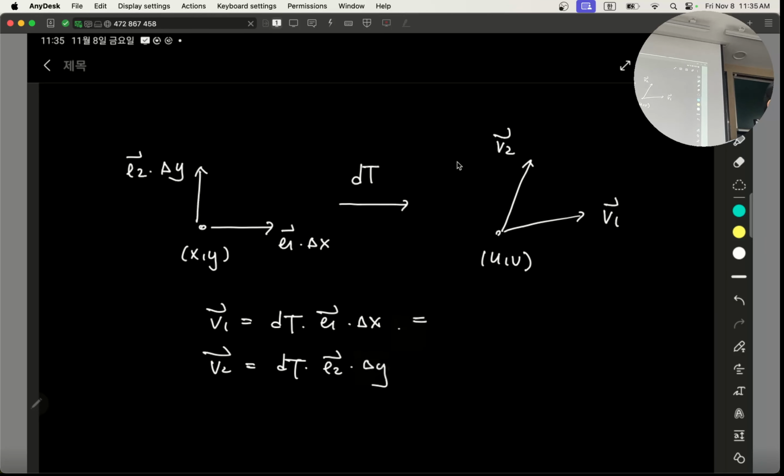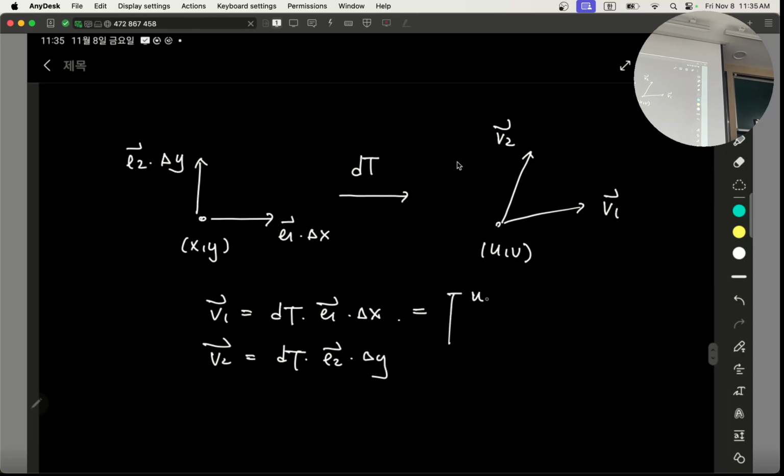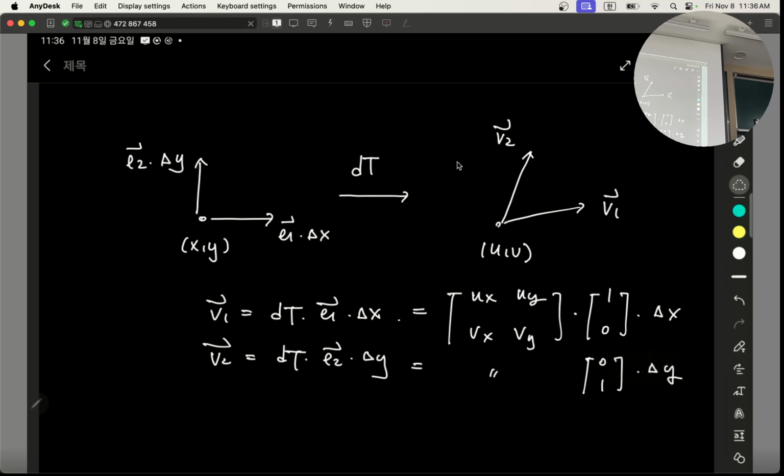So what's the differential? The differential is simply ux, uy, vx, vy. And I'm multiplying by E1, which is represented as the column vector (1, 0), times delta x. And the same thing here, but with the column vector (0, 1). So let me give a space between here.